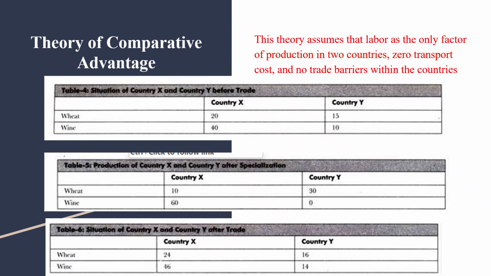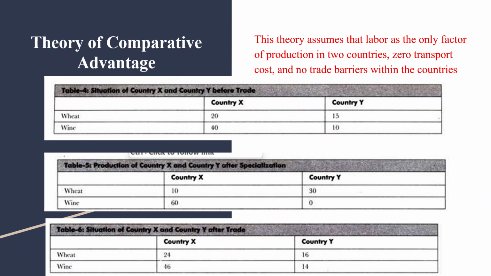So with 100 labors, country X can produce 20 units of wheat. With another set of 100 labors, country X can produce 40 units of wine. Whereas country Y can produce 50 units of wheat with 100 labors, and 10 units of wine with 100 labors.